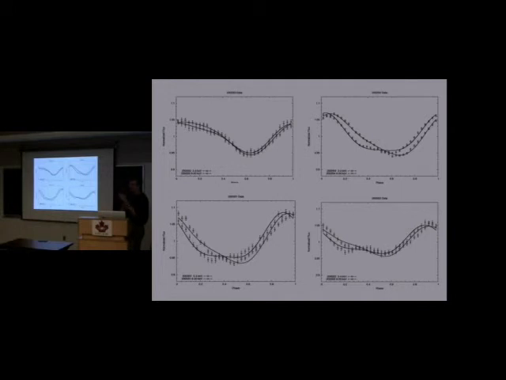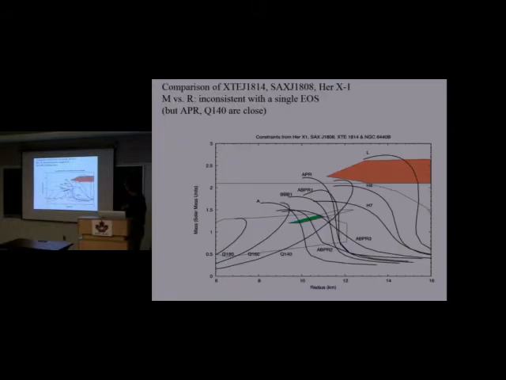So the spot just moves closer to the pole. Fred Lamb has a paper out where he has this burying of the magnetic field. The idea is that when you have a low accretion rate for a while, the magnetic field can emerge more and it pushes the spot away from the pole. Anyways, okay. All right.